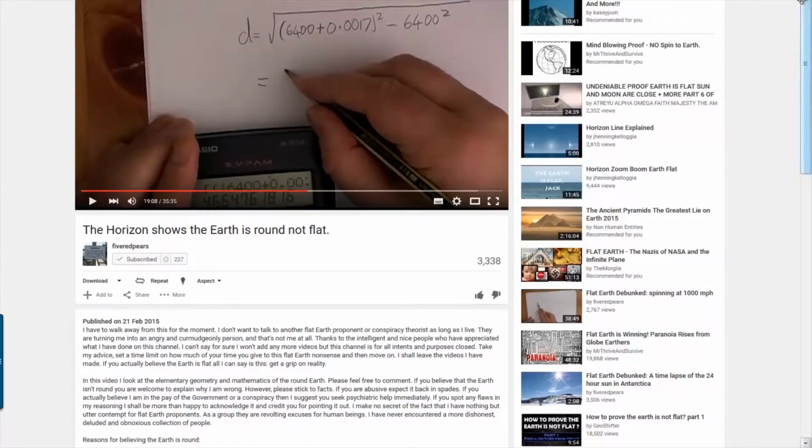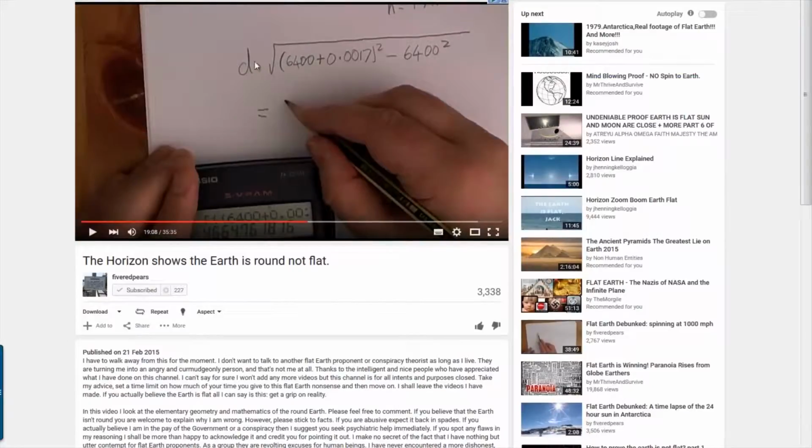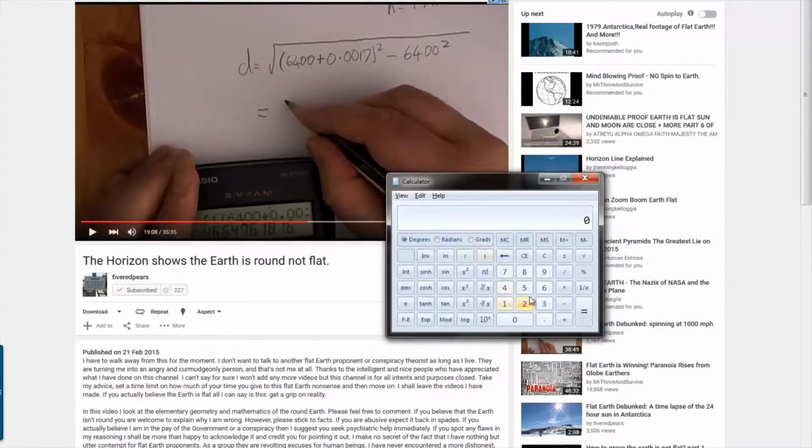This video is an excellent one from 5 red pairs, and it shows you all the calculations necessary to calculate the distance away from your viewpoint you are able to see if you're on a globe. And using the same calculation, we're going to use a height of 380 meters instead of 1.7 meters for an average person to see how far away we can see from a height of 380 meters.